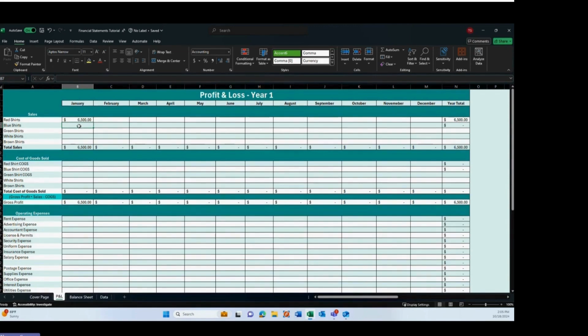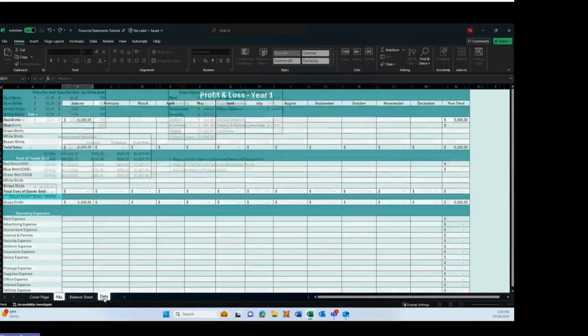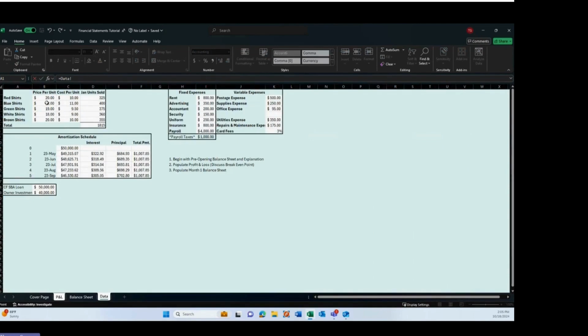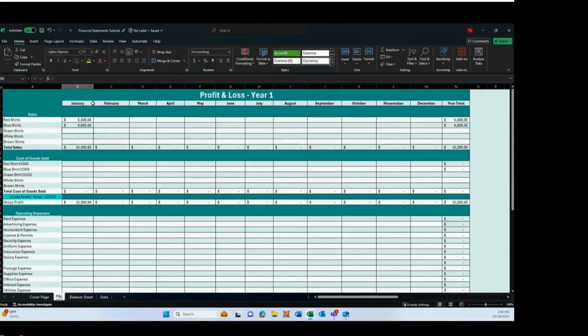So blue shirts, we're going to go equals, go over here to our blue shirt data from January. So we've got $22 per blue shirt. And we're going to go times 400 units sold in the month of January. And there we go, $8,800 of revenue for blue shirts in the month of January.